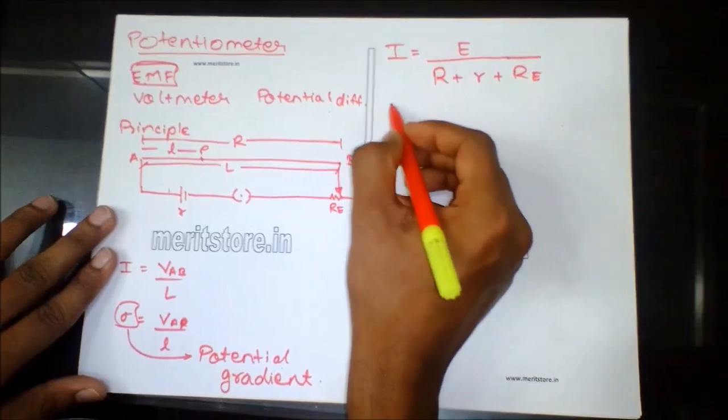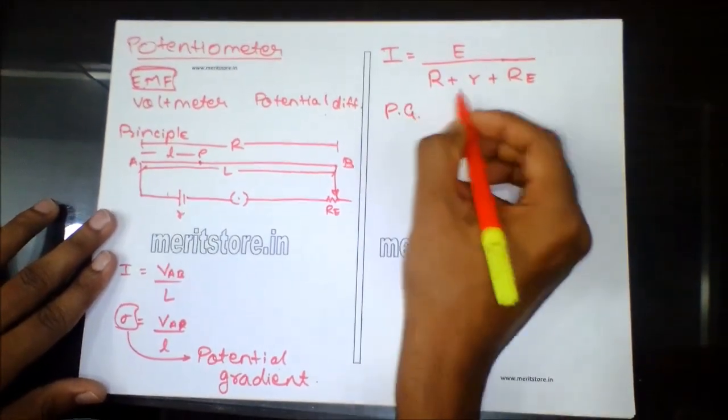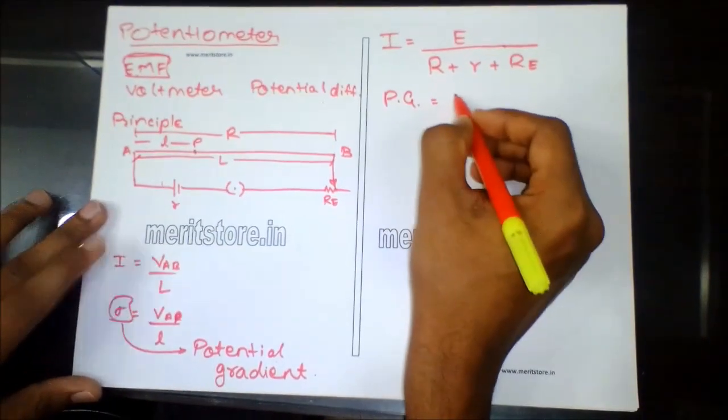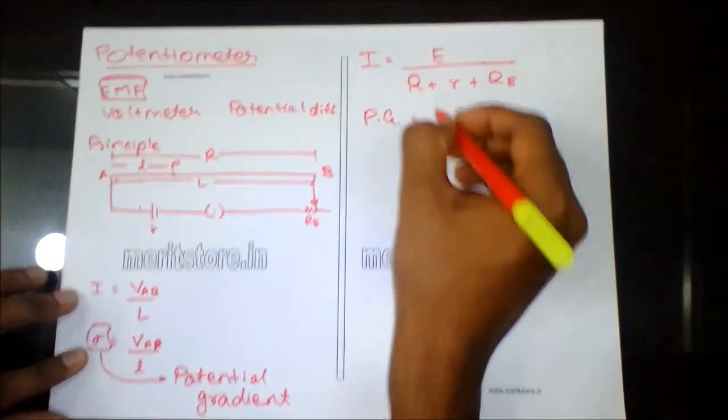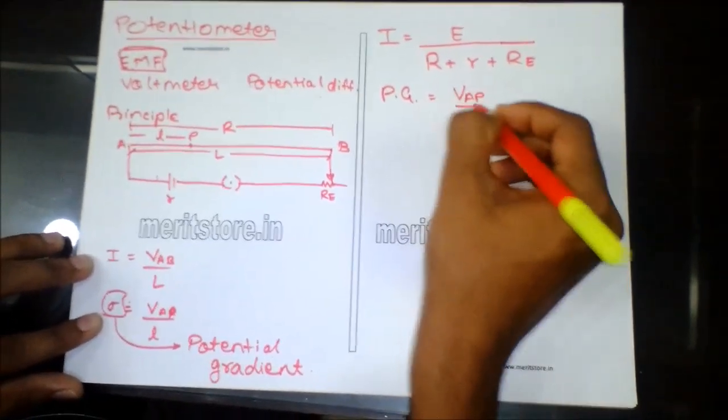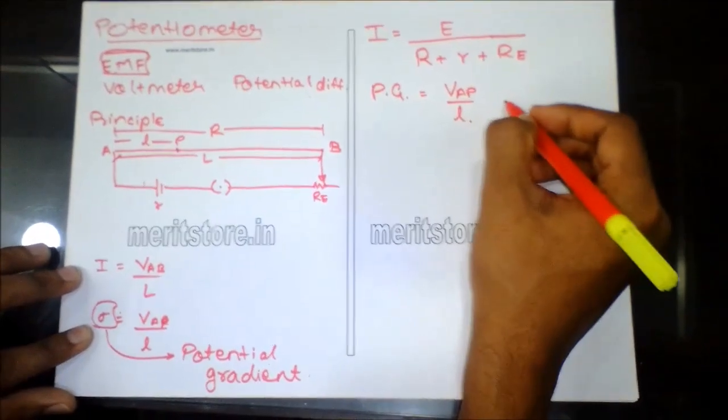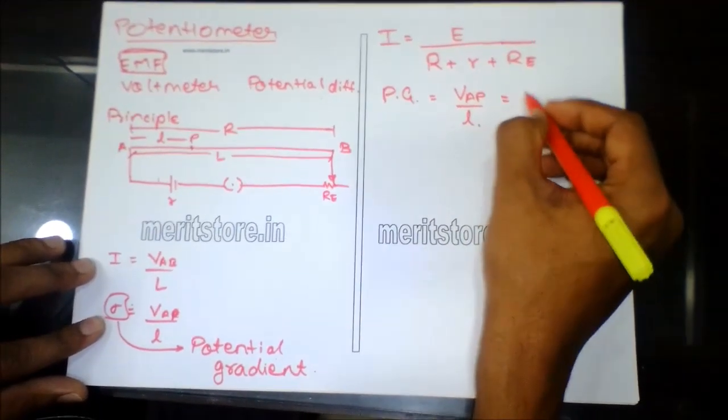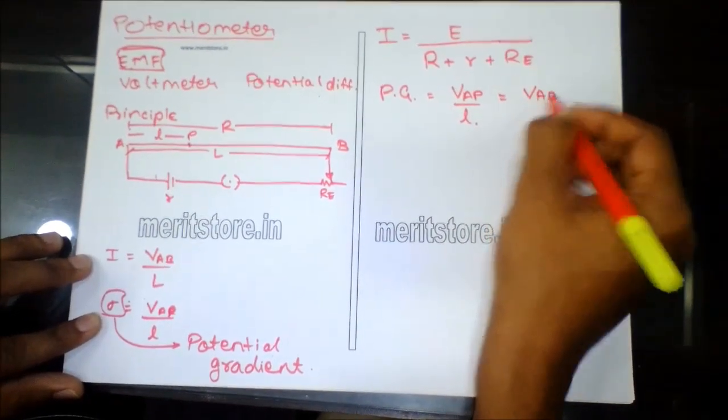The potential gradient of the wire is given by V_AP upon L, and since it is constant, it will be the same for the entire length of the wire.